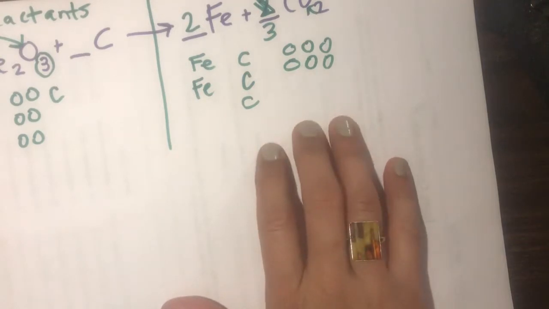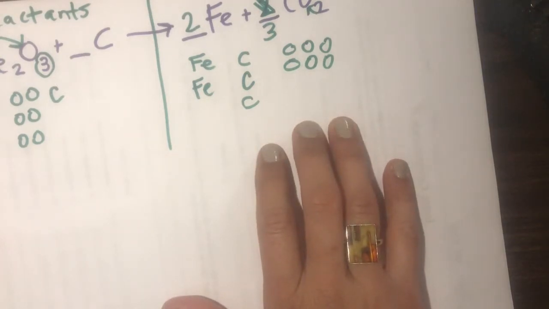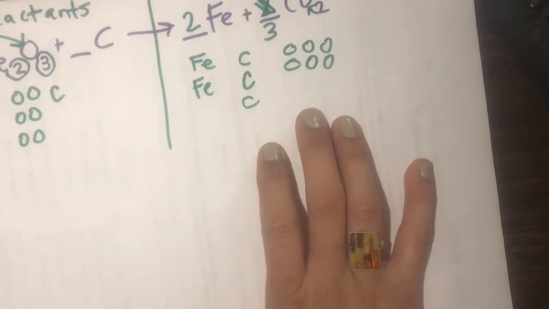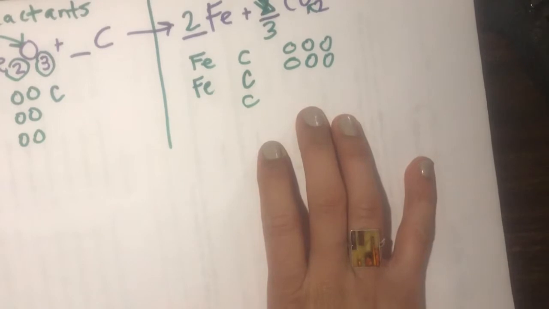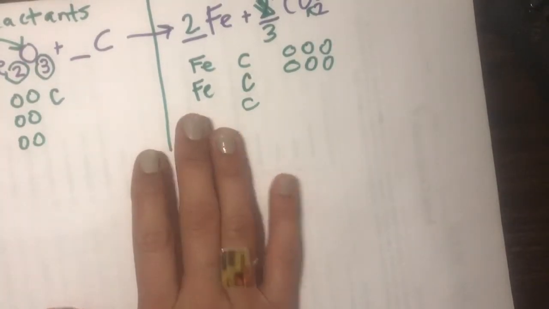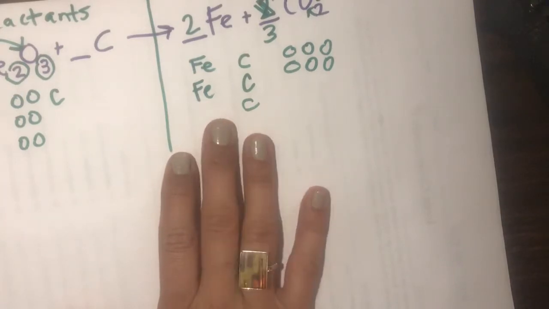But by putting that 2 there, it changed the Fe's. How many Fe's do I have now? 2 times 2. Now I have 4 on this side and 2 on here. What do I have to do on my product side?